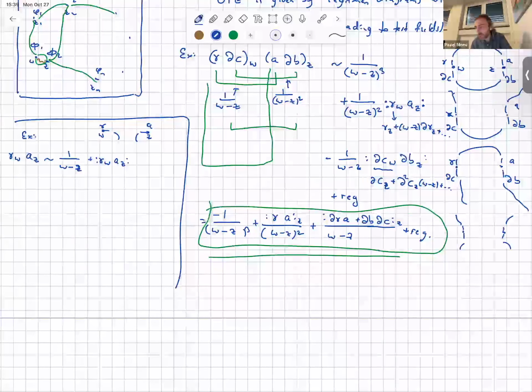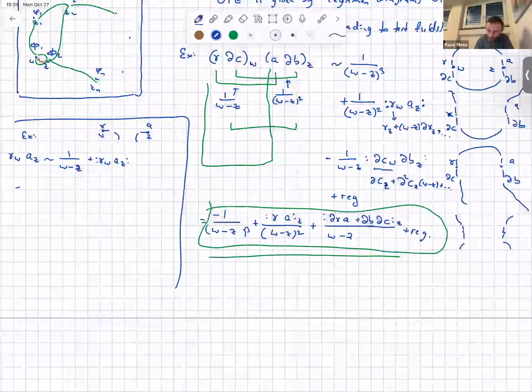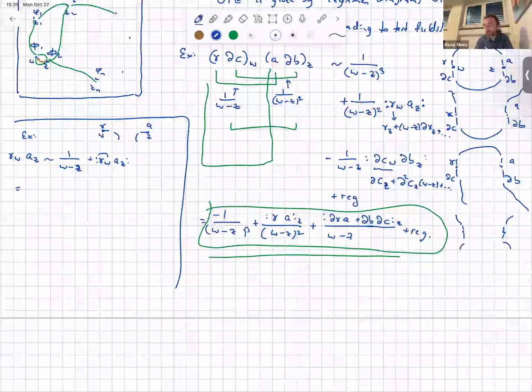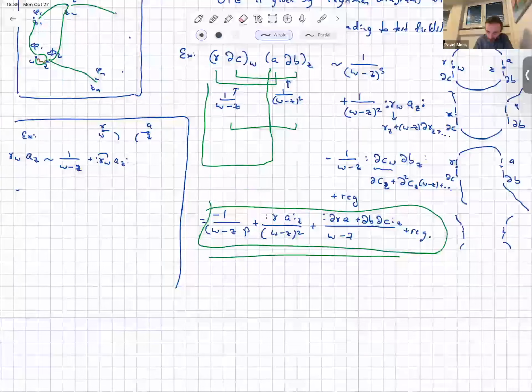But then you can express this in terms of the point Z, just expanding gamma by Taylor expansion.